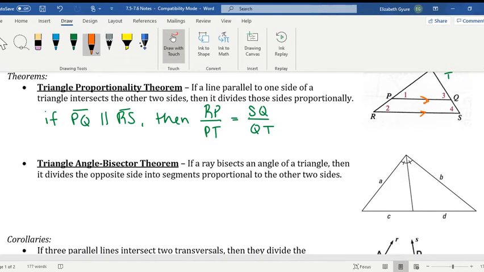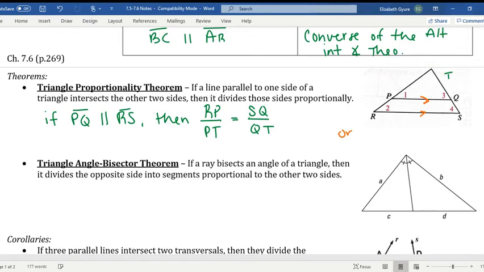Another example is we could say that the ratio of PT to RT equals the ratio of QT to ST. So the smaller parts get split up proportionally, but they're also proportional to the entire measurement.